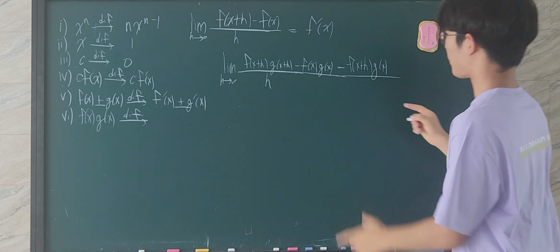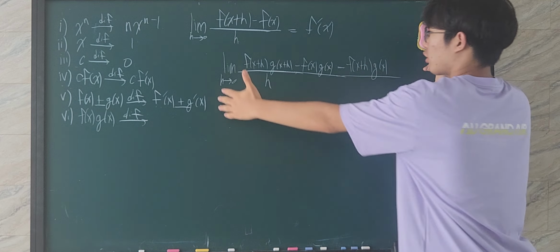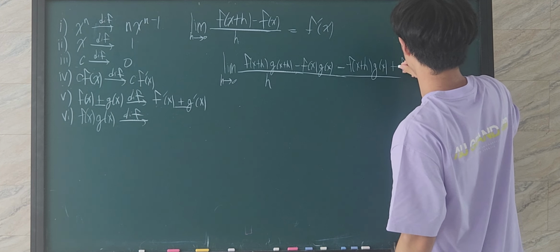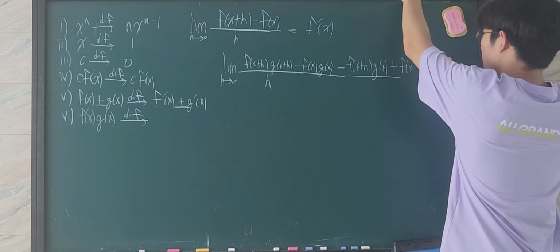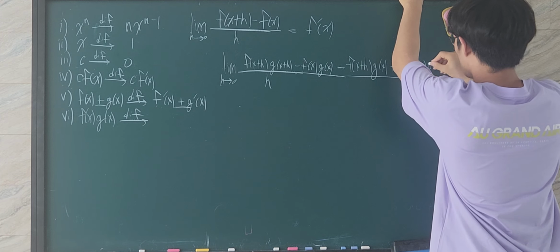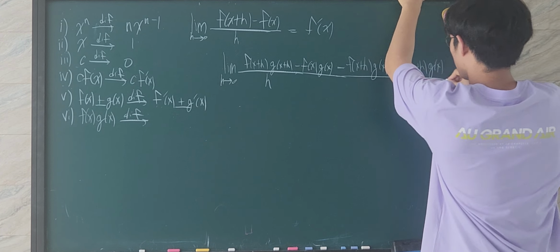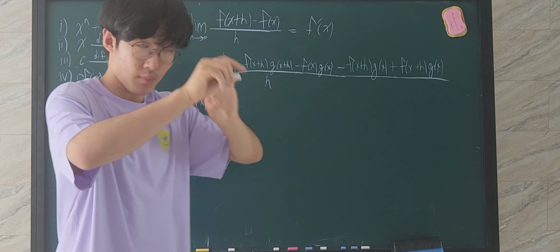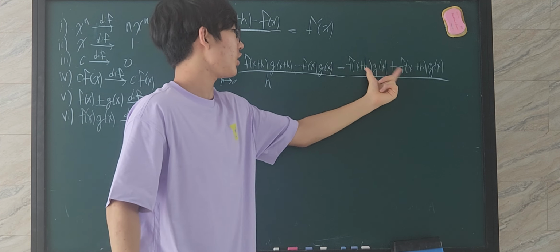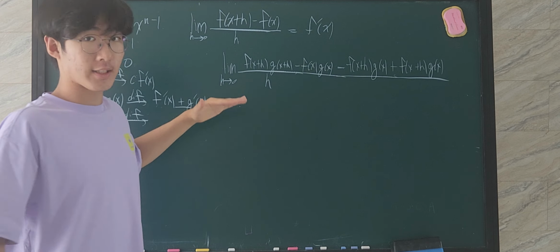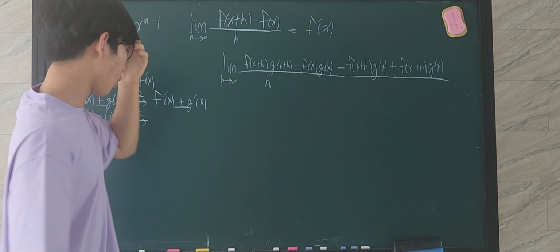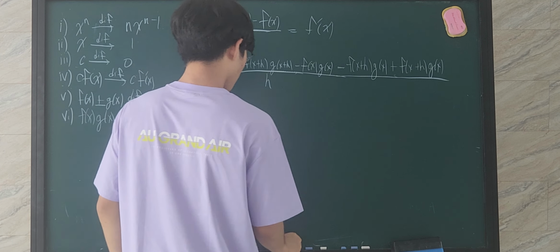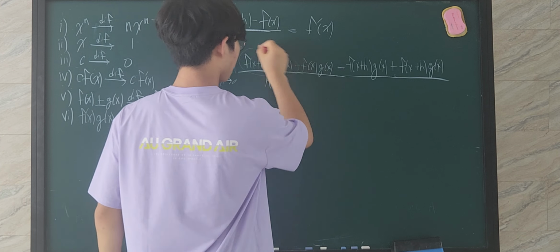And then, since I subtracted something and I want no overall change in this equation, I'm going to add f(x+h)g(x). Because these two are the same, with different signs, they cancel each other out, leaving no overall change to this equation. So why did I do this? Well, you should first look at these factors.